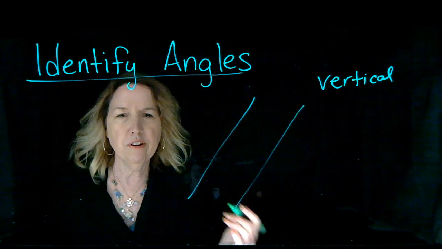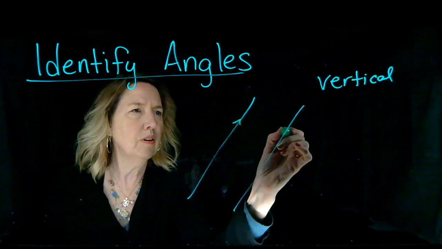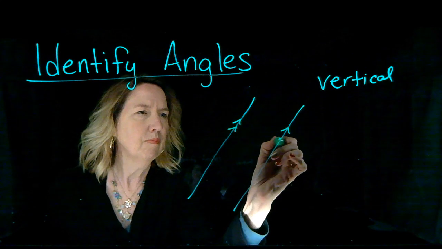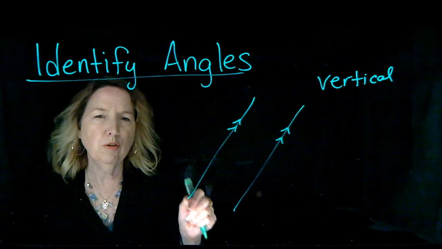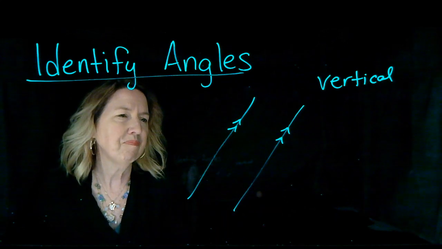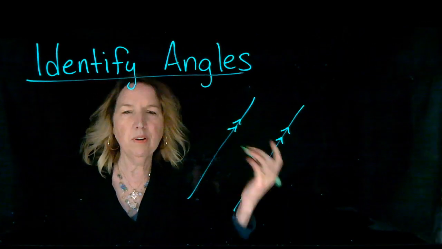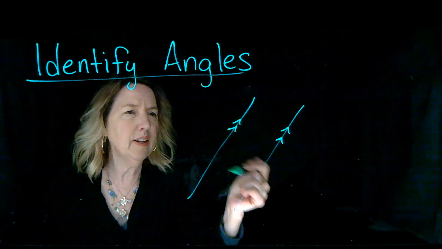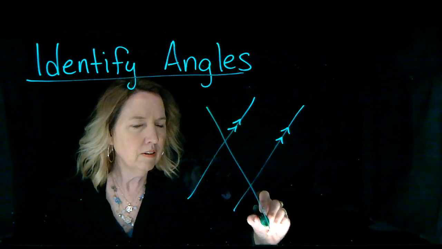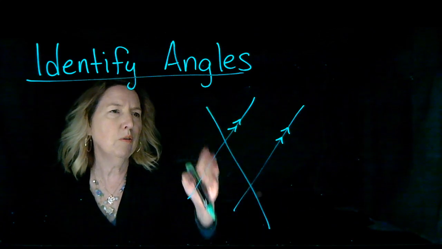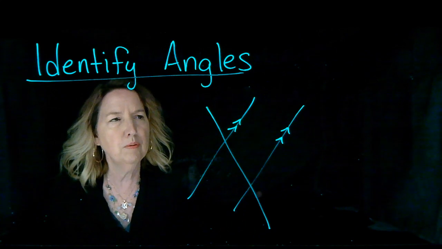in another scenario. So imagine these are parallel. That symbol that I used indicates they're parallel. And let me throw another transversal across here, and it can be in any direction. It's just a nice straight line going across both of those parallel lines.